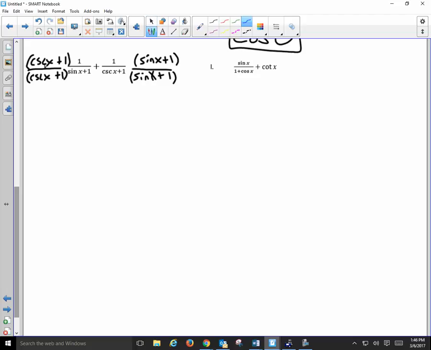So what do I end up with in the numerator? Well, I get this times 1, which is cosecant of x plus 1, plus, and then here I get sine of x plus 1, right?